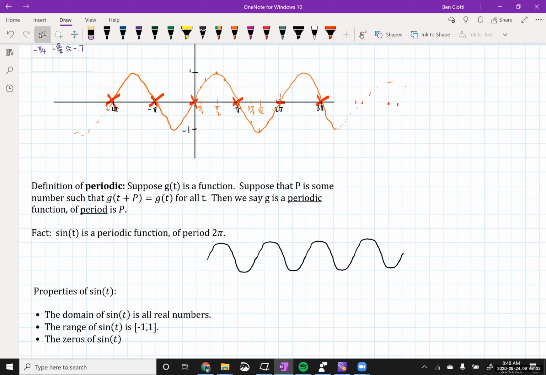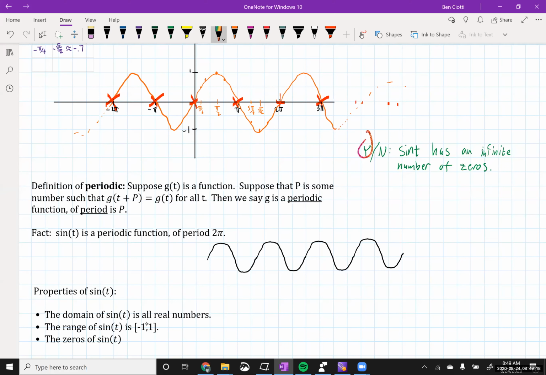Let me get a yes or no. Sine t has an infinite number of zeros. Oh, good. Okay, all right. This seems to be pretty uncontroversial. The answer is yes, it does.